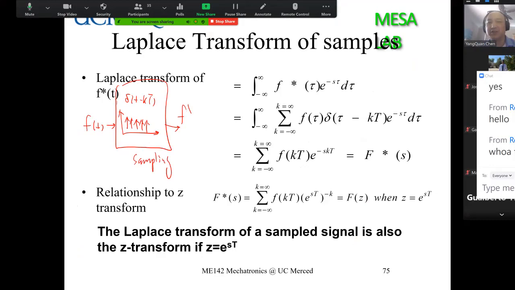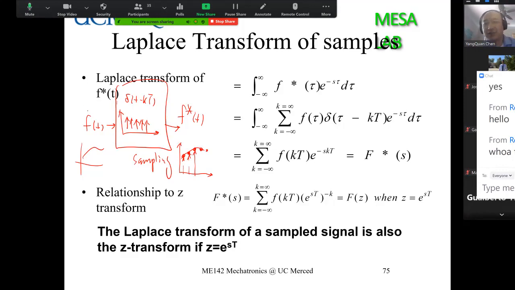Then you are going to get f star of t, right? This is my f of t. This is actually all the points, nothing in between. I'm just superimposing on this. So these are the dots. If you want, you can write some pulse in here, but that's not necessary. So just know this is a picture.